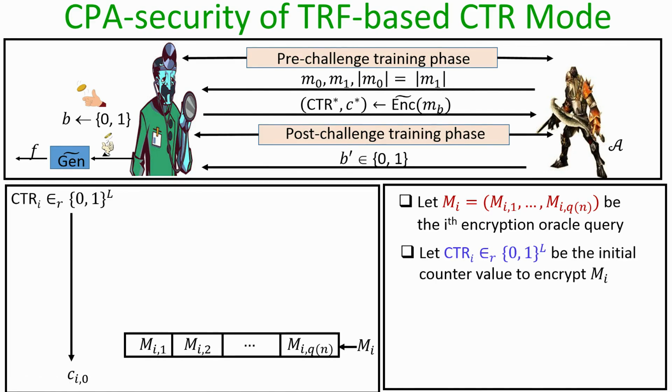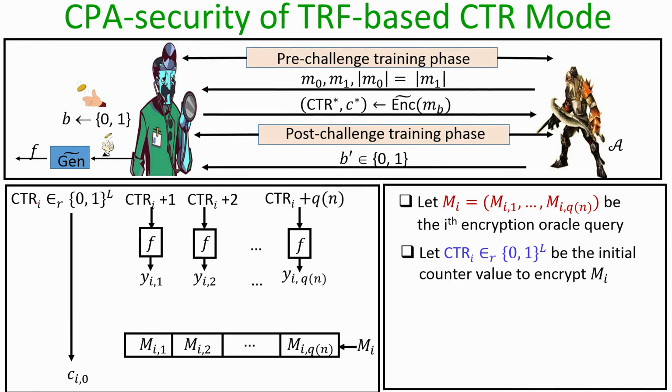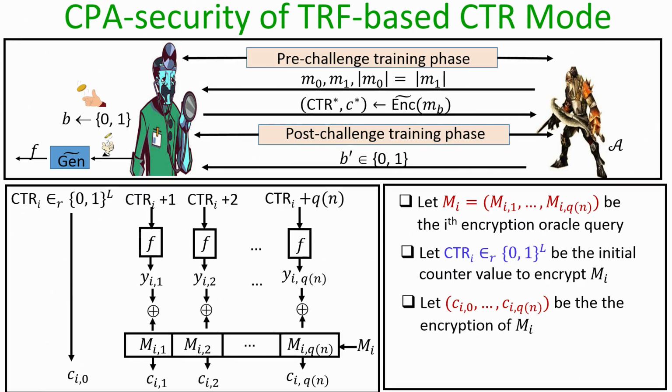For encrypting that message the challenger will pick a random counter value, which I denote as counter_i. Since there are Q(n) blocks in my message M_i, the challenger needs to evaluate the truly random function on counter_i + 1, counter_i + 2, up to counter_i + Q(n), which will generate the sequence of pad blocks. These are XORed with the actual message blocks present in M_i to generate the ciphertext blocks, and the whole ciphertext is communicated back to the adversary as the response from the encryption oracle query.